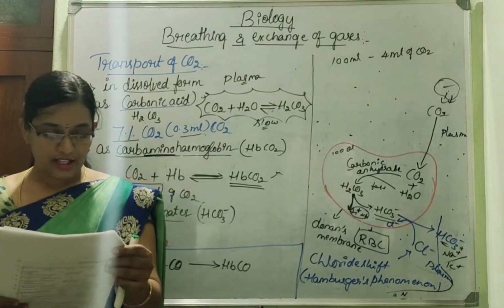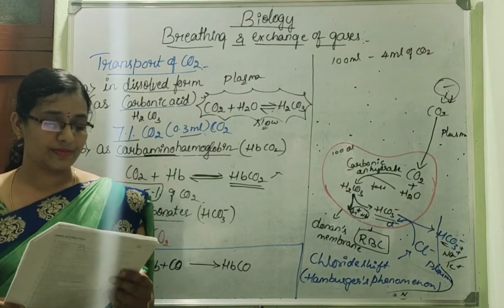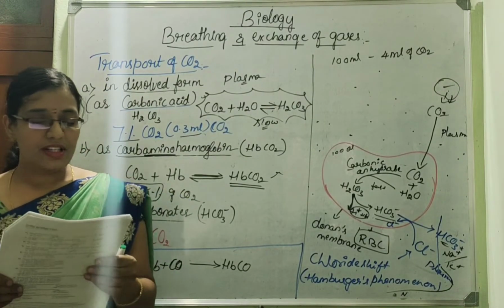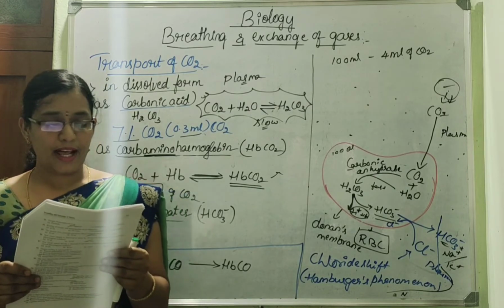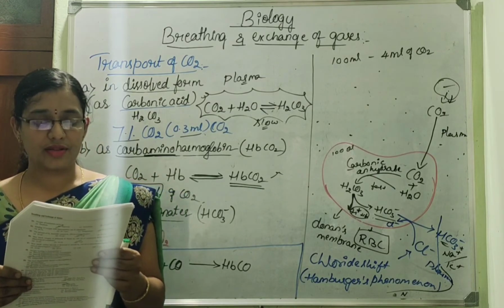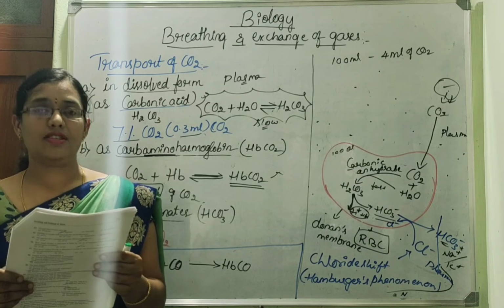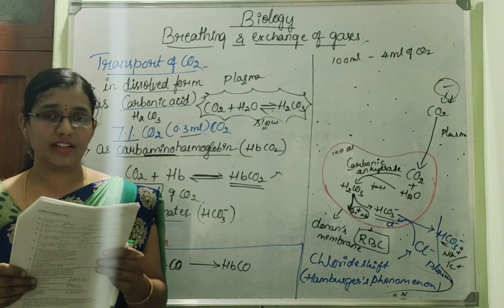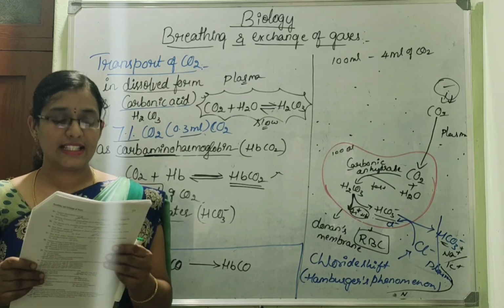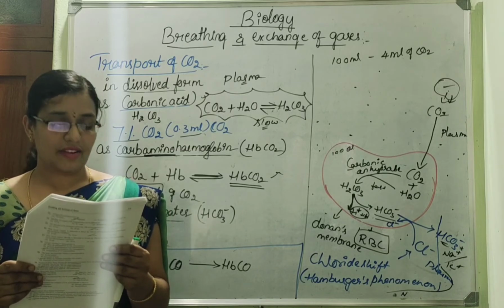Now let us go through some of the MCQs. Besides RBC, blood plasma also carries oxygen in dissolved state. The percentage is option A 3%, B 97%, C 70%, D 7%.